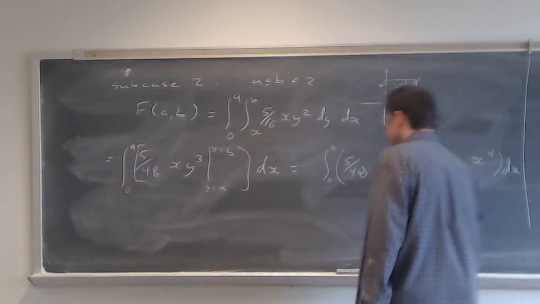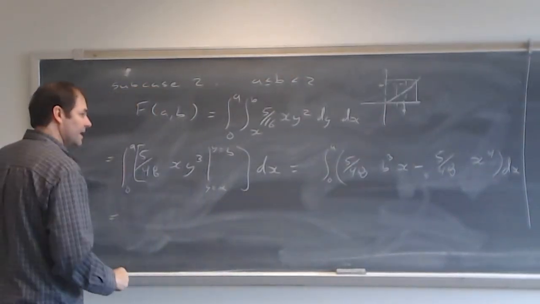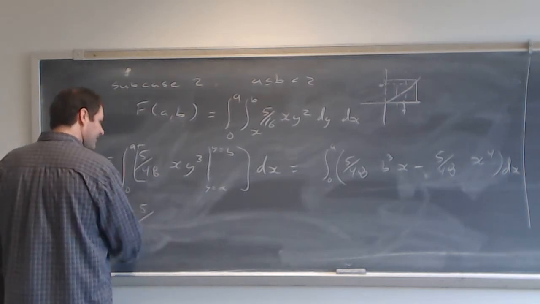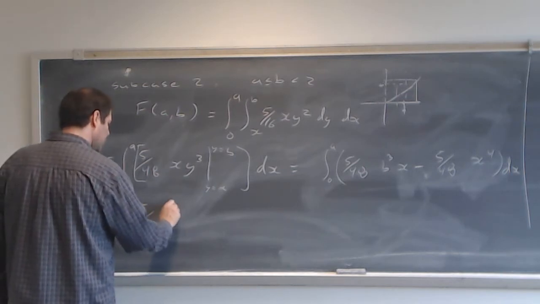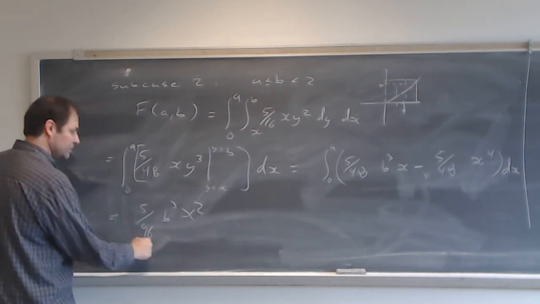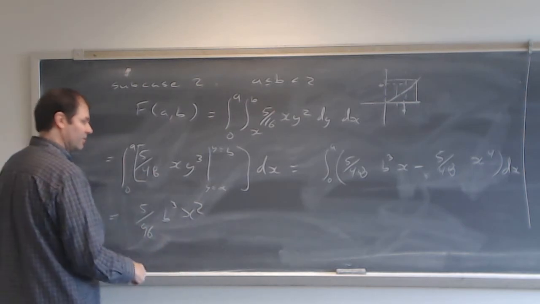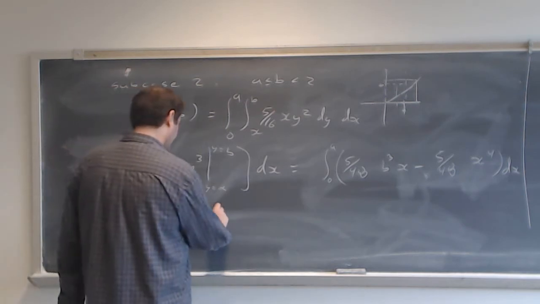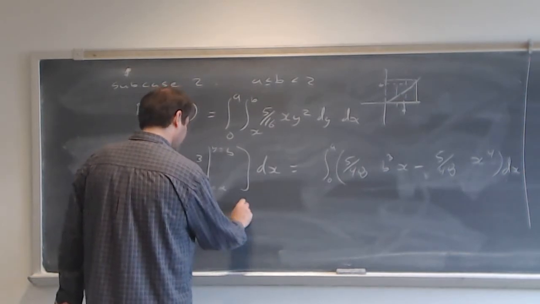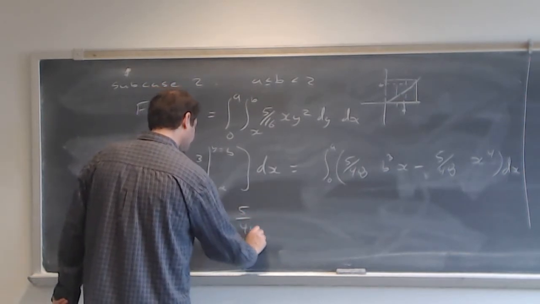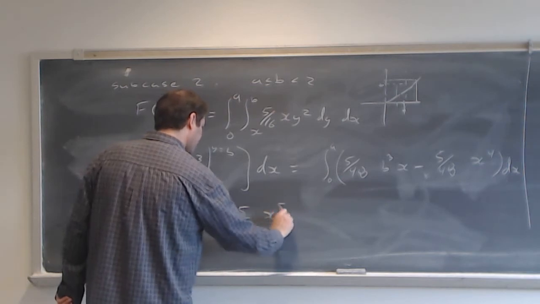dx. When I integrate with respect to x now, what I'm going to get is 5 over 96 b cubed x squared. It should be x squared over 2, but I put the 2's in the bottom already with the 48, and we'll probably get that together. Minus, here this would be 5 over 48, x to the 5th over 5.